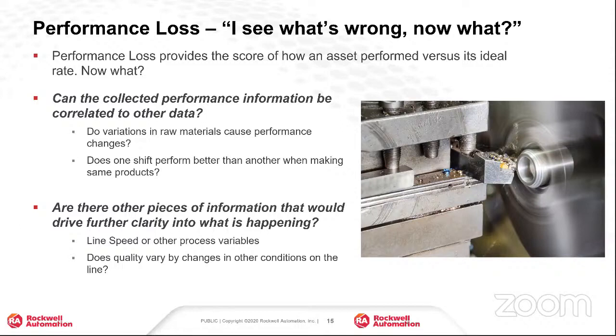So it gives you the ability to find the causes behind this loss. If you see the performance loss, you can inquire, you can ask questions and try to get the data into your historian or into your system to do analytics.